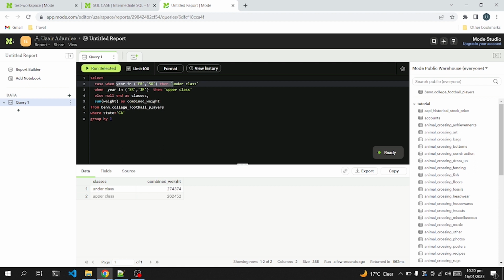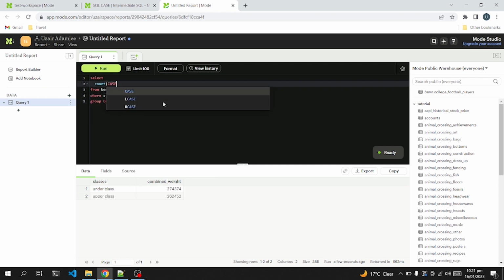Let's try it out. Case when. Since we have to apply case and we have to count as well, first count and then case.